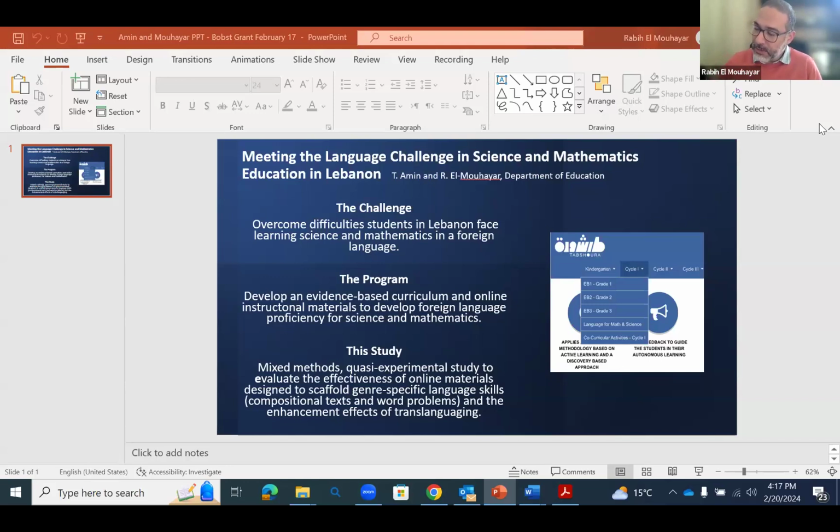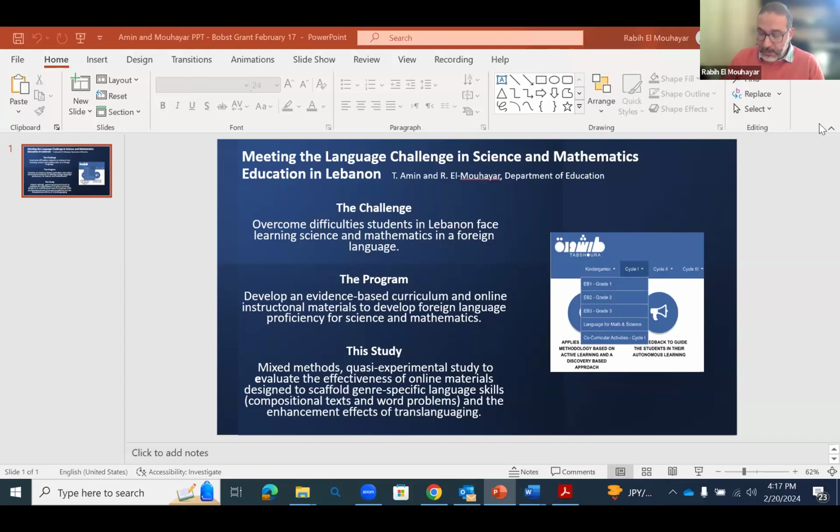And in particular, in international exams like TIMSS, our Lebanese students are not doing very well. Their achievement is very poor, even in comparison to Arab countries.